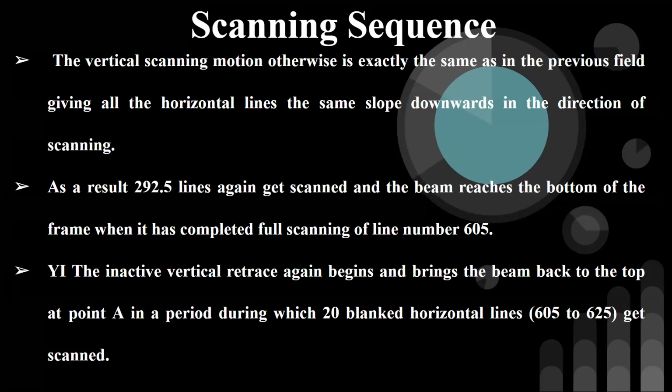So the beam goes back to the top at a point during the period of 20 horizontal lines. So with this slide, we have an idea about the scanning process involved in the particular trace period.